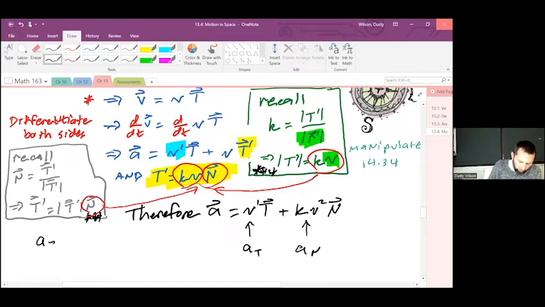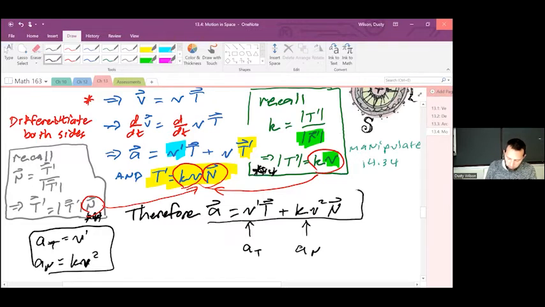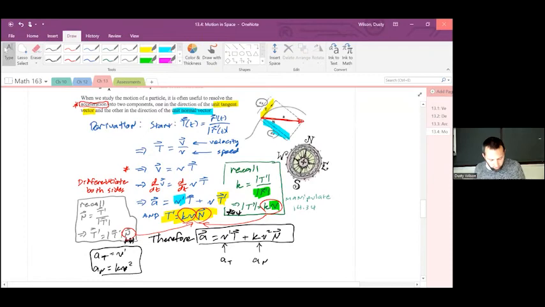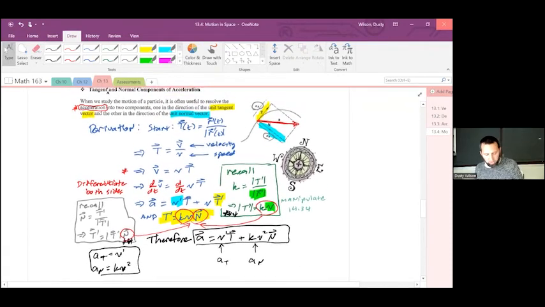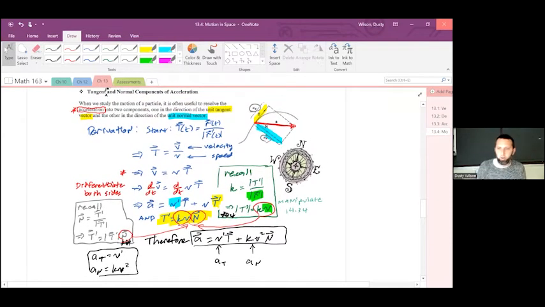That is, a sub T equals speed derivative, a sub N equals kappa speed squared. And in so doing, we have broken up our acceleration into its tangential and normal components, just like we talked about in the picture up at the top.